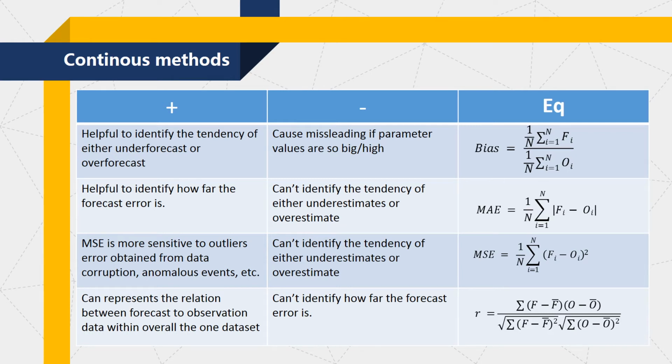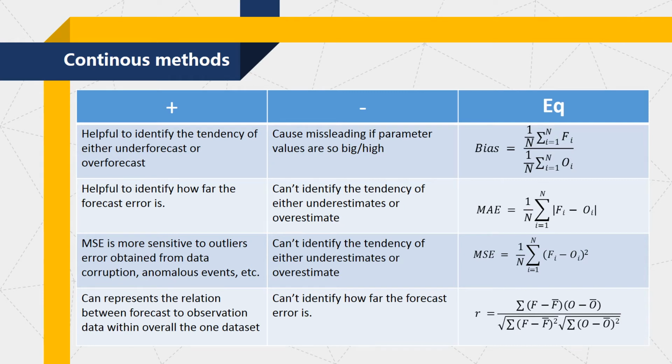And the last is correlation. It is Pearson correlation. If we use this parameter to assess the model or forecast performance, we can identify the relation between forecast and observation data within the overall dataset.